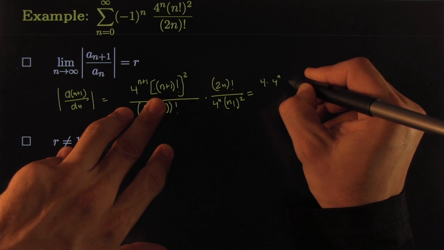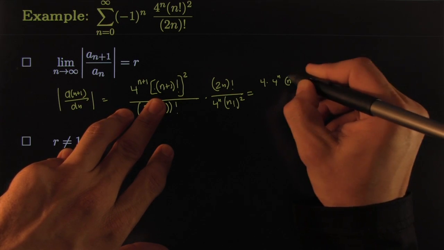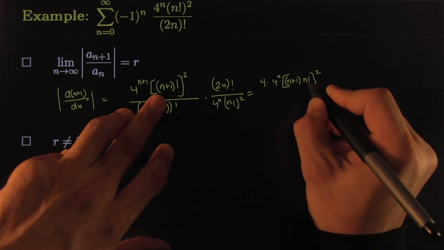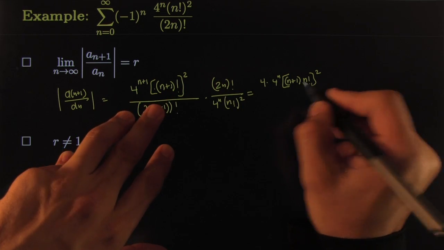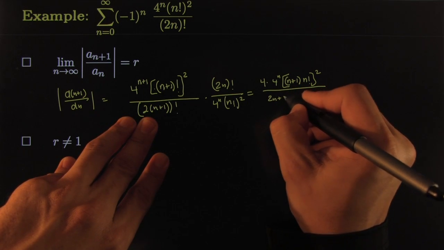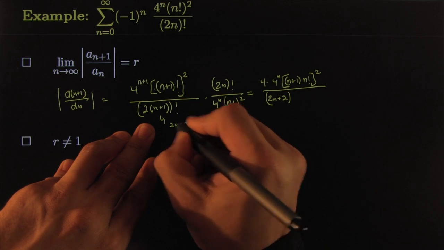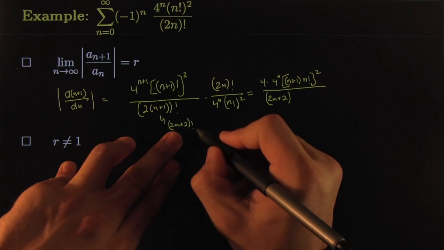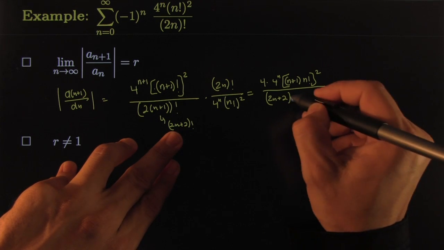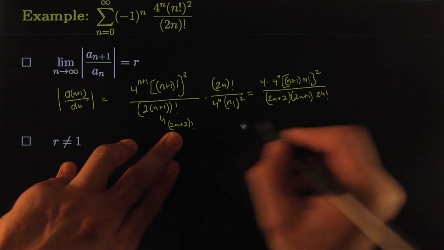This becomes (n plus 1 times n factorial), and that whole thing is squared. That's that piece: n plus 1 times n times all the numbers that follow it. All that over 2n plus 2 factorial, which of course would give you 2n plus 2 times 2n plus 1 times 2n factorial.